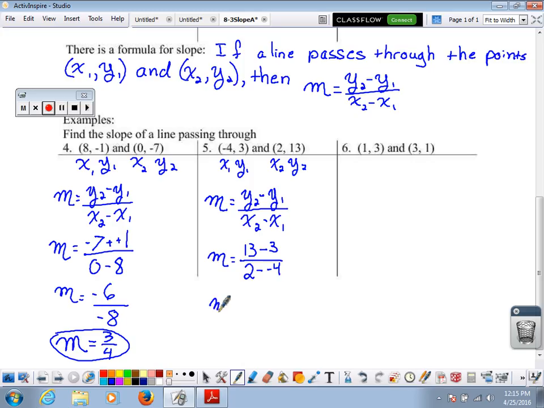Well, 13 minus 3, that's 10. Minus a negative. What did we say about minus a negative? Comes plus plus. So I've got 10 over 6.